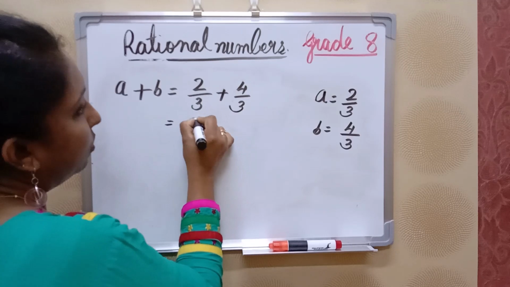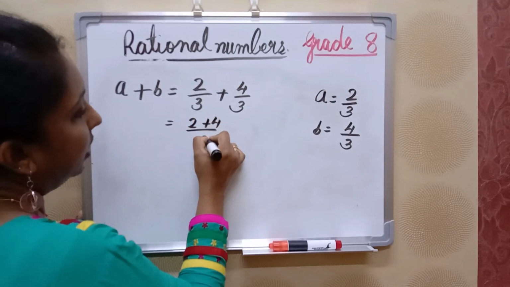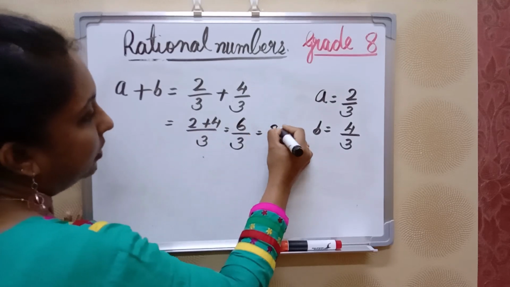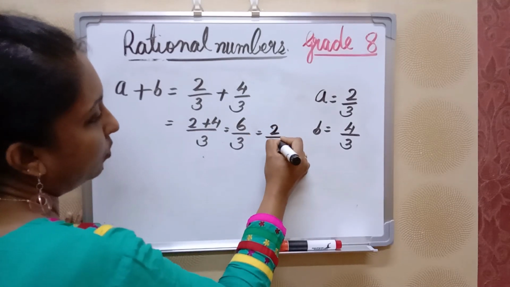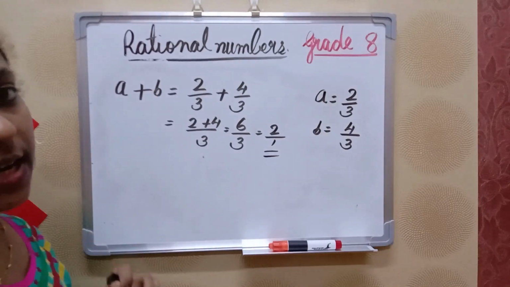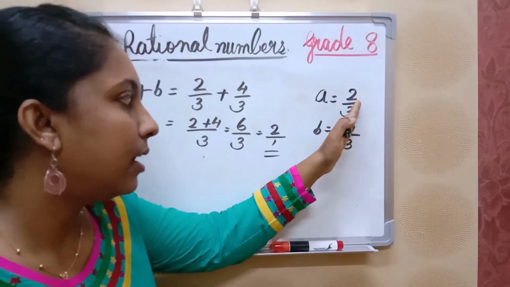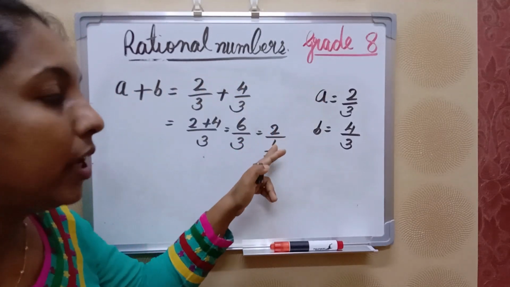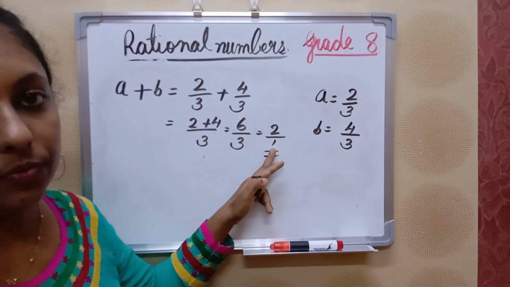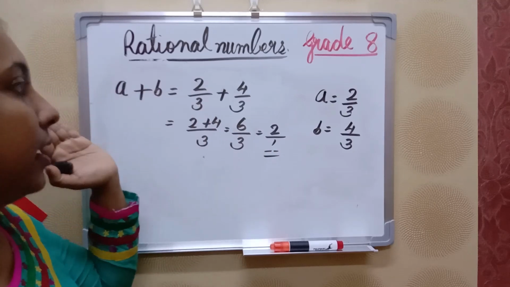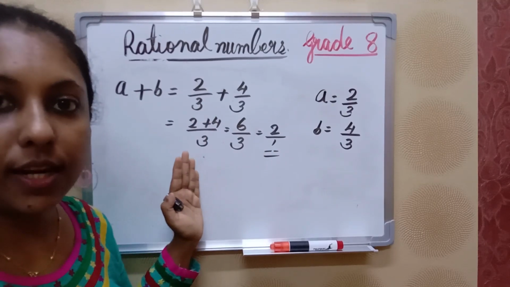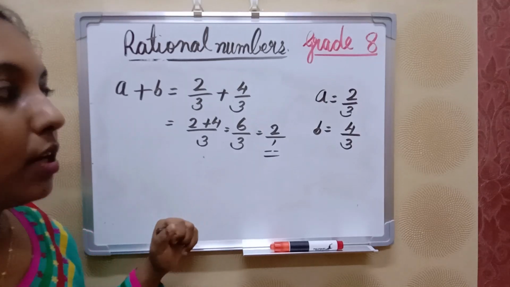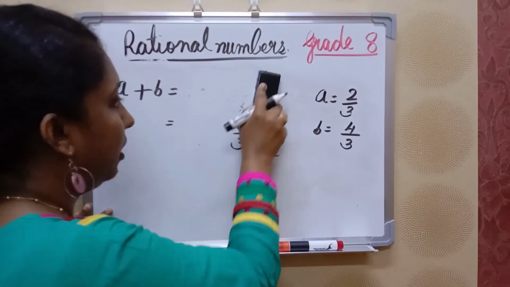That is 2 plus 4 by 3, 6 by 3. 6 by 3 is 2, that is 2 by 1. This is a rational number. So a is a rational number, b is also a rational number, and the sum of these two is also a rational number. So we can say rational numbers are closed under addition.